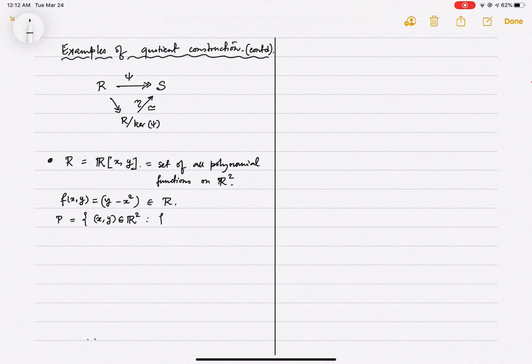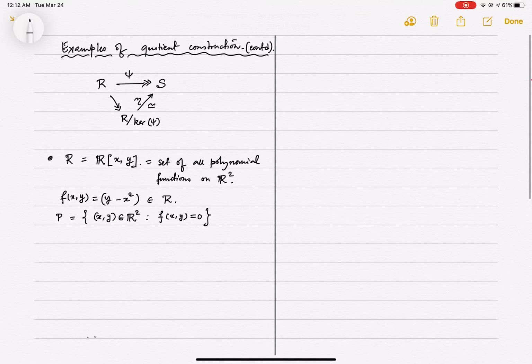So I can look at all (x,y) where f(x,y) is 0. That's just the parabola, the standard parabola. All (x,y) says that y equals x squared.